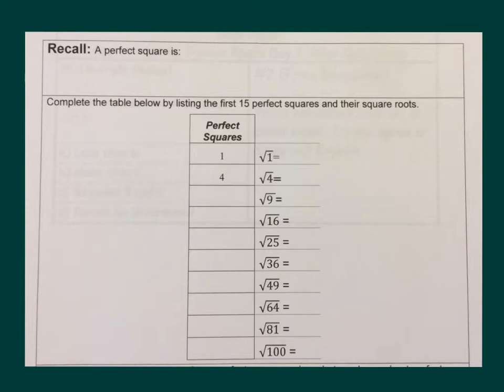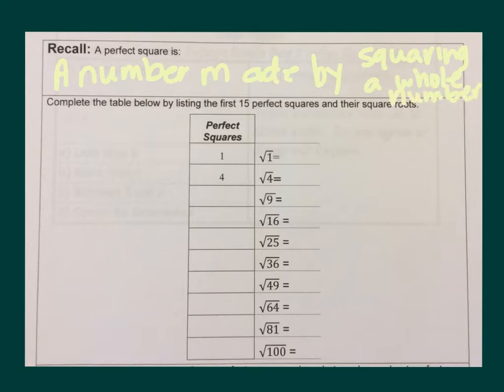We need to recall first that a perfect square is a number made by squaring a whole number. So this would be like 1 is a perfect square because 1 times 1 is 1.